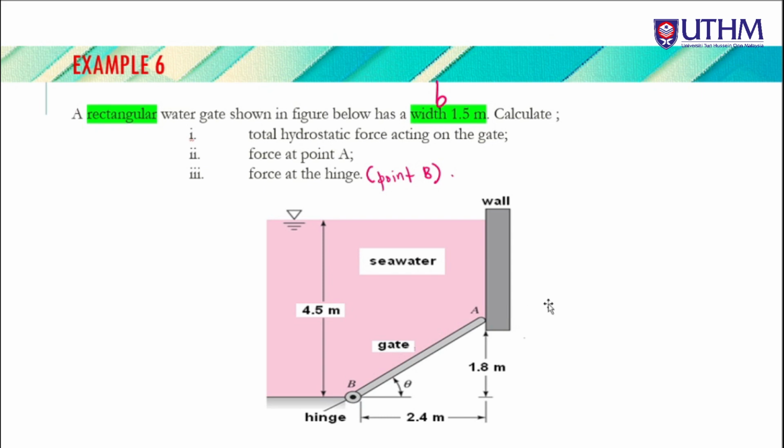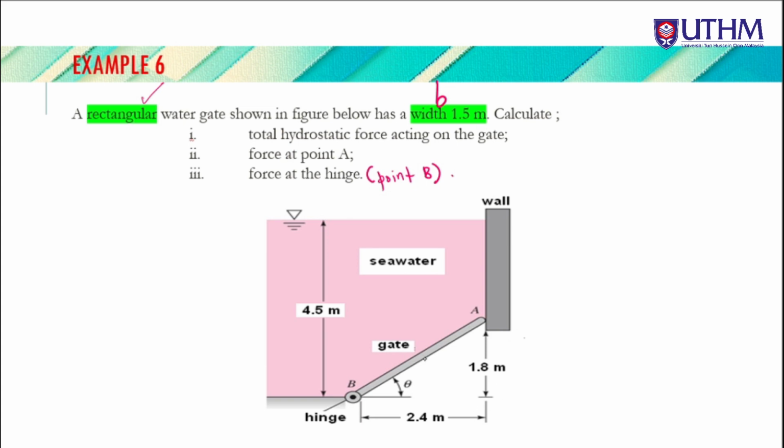Okay, now kita pergi kepada contoh soalan berkaitan hydrostatic force on an immersed body. Untuk yang ni kita ambil contoh inclined plane. So kalau kita tengok agak sini, dia kata apa, rectangular water gate shown in figure below has a width of 1.5 meter.